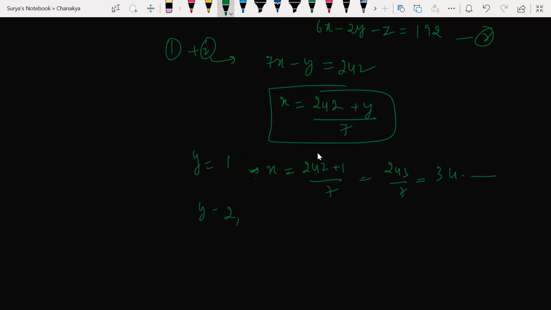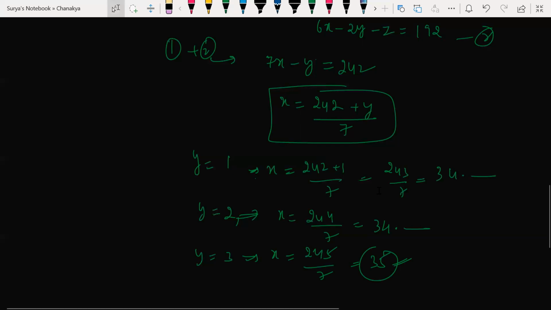If y value is 2, what is x going to be? 244 by 7, again 34 point something. Correct? So y is equal to 3 means 245 by 7, 7 fives are 35. So I'm getting exactly an integer when I take y value as 3. Correct?